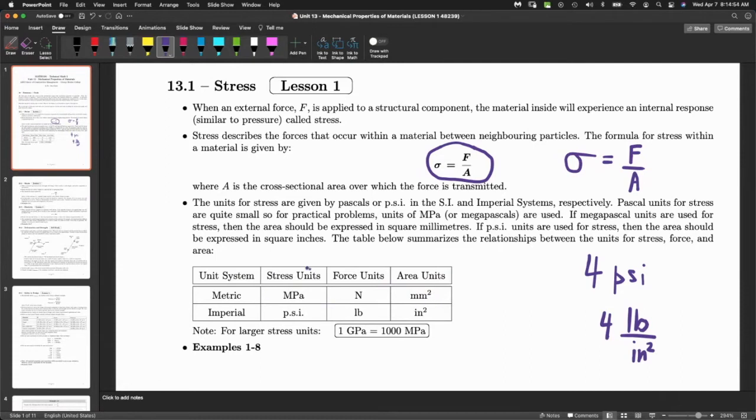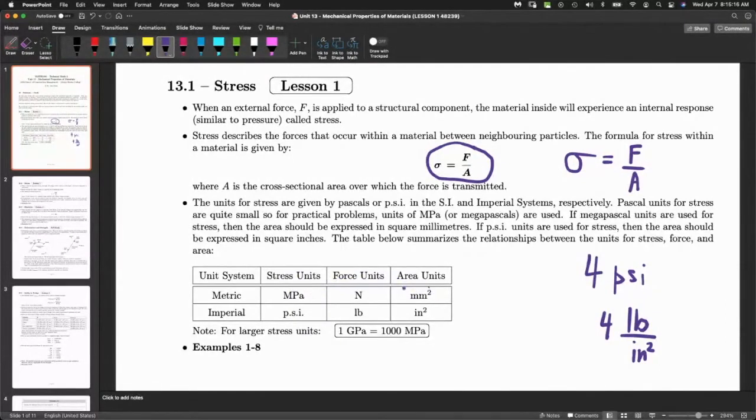The other reason is that most stress values for materials used in construction are in the domain of megapascals or possibly gigapascals. Because of that, megapascals corresponds nicely with millimeters squared.